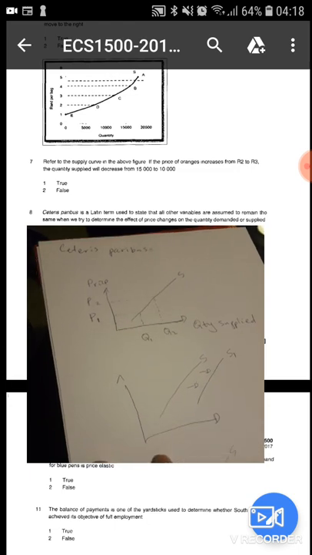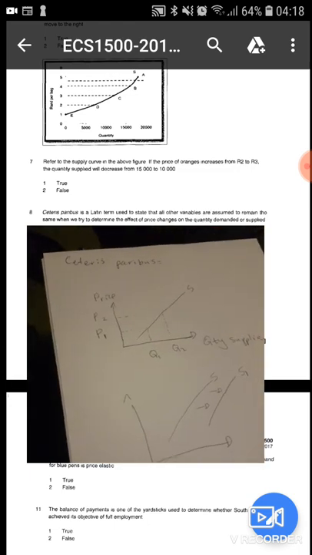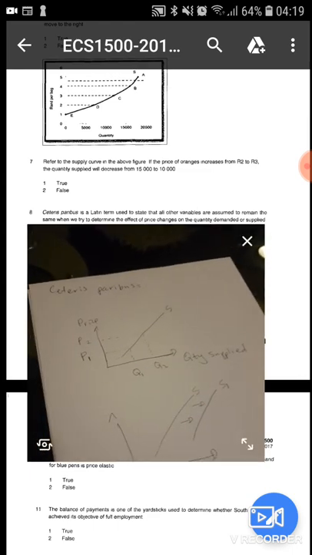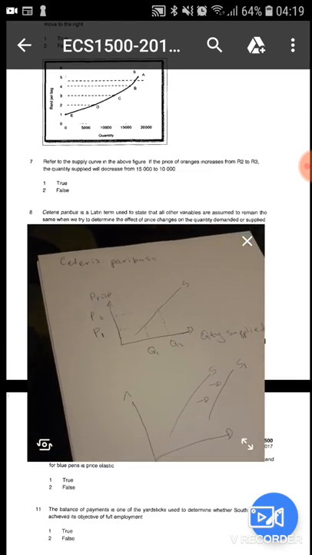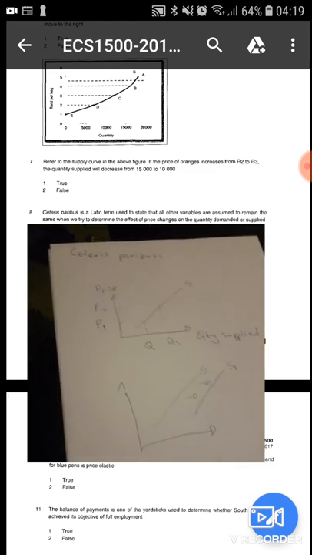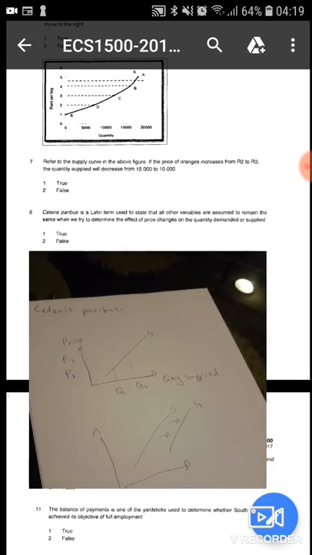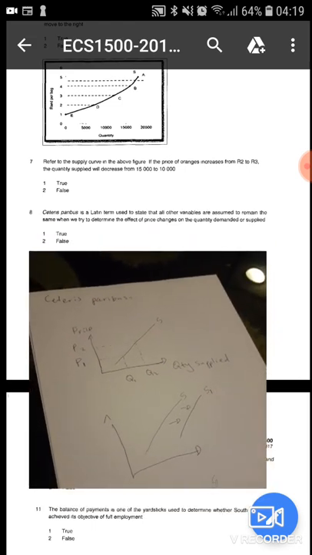So the law of demand and the law of supply might not be relevant to the current economic situation. So ceteris paribus stands to support those laws. So it means question number 8 is going to be true. So let's move to question number 9.